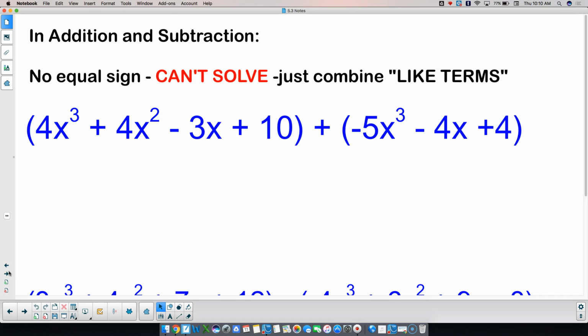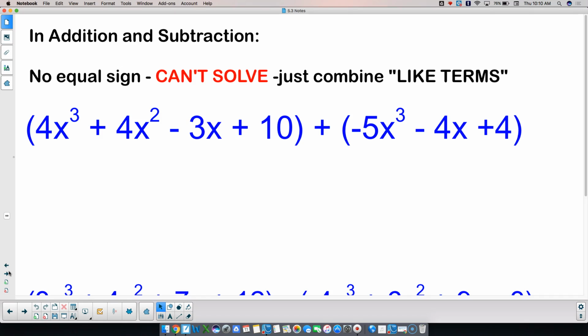In addition and subtraction, there's no equal sign, which means we can't solve. You can only solve if there's an equal sign. So all we can do is simplify, or combine like terms. Now, you'll see a bunch of different parentheses and polynomials inside parentheses, and sometimes the parentheses matter, and sometimes they don't.